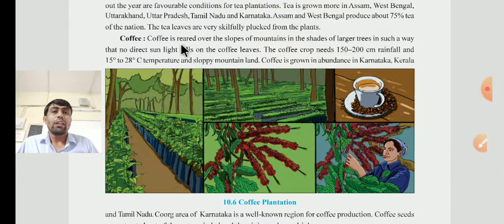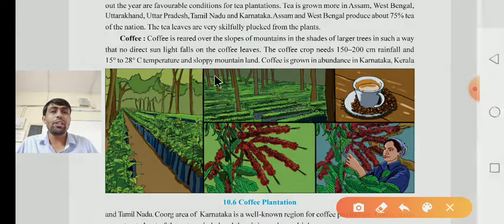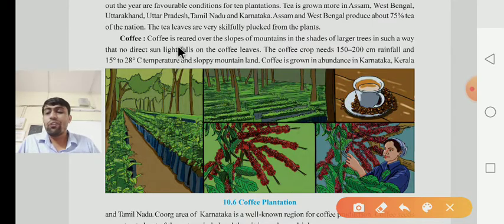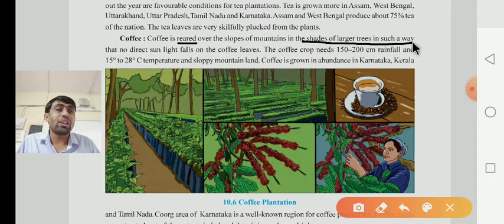Coffee is reared over the slopes of the mountain in the shade of larger trees in such a way that no direct sunlight falls on the coffee leaf. What happened there, dear children? Here coffee is reared, reared meaning ucheru, over the slopes of the mountain in the shade of larger trees so that no direct sunlight falls on the coffee leaf.